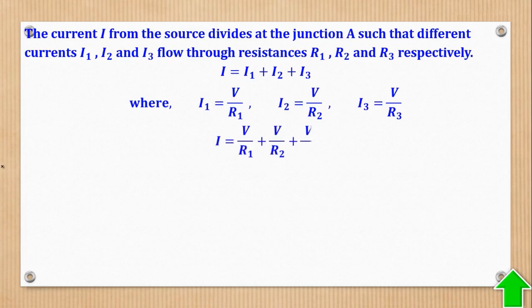Now when I substitute, I'll come up with this statement and realize that V is common. So when I take V this side, or divide throughout by V, I'll come up with this.